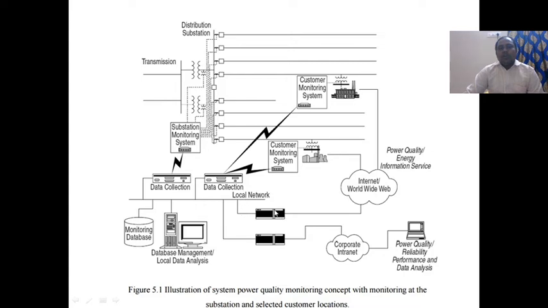These are the local networks. After finishing the storing in databases, we analyze the data. So this is a local network, this is a corporate internet, power quality, reliable performance and data analysis. Once the storing of data finishes, we analyze that data.